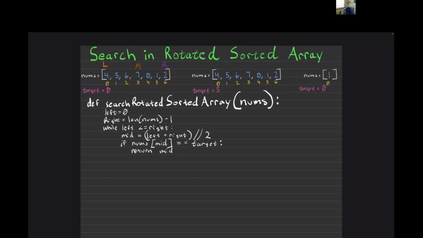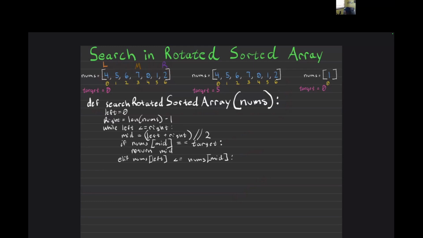So that's very simple. So we say elif, because there's only three cases. Either we get the target, we're on the left bound, or we're on the right bound. So elif nums[left] is less than or equal to nums[mid], then we know we're on the left bound.